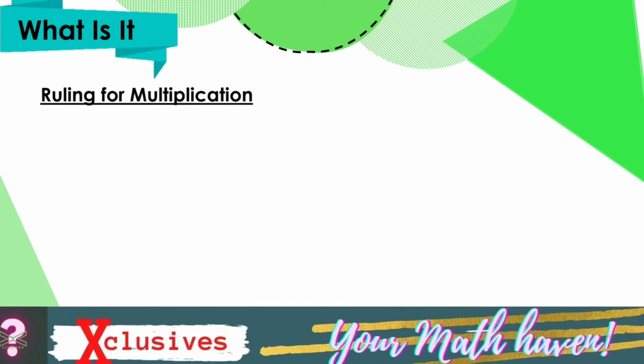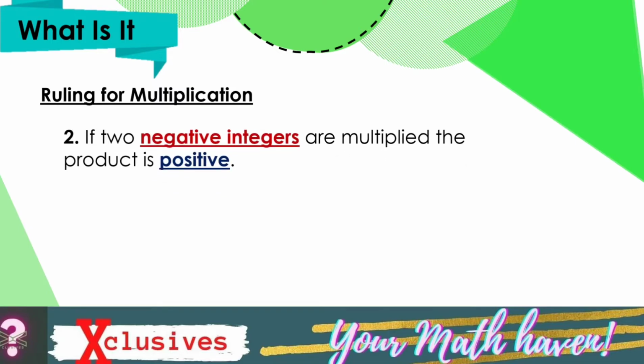Rule number 2 for multiplication of integers. If two negative integers are multiplied, the product is positive. Let's have an example. Negative 7 times negative 3 is positive 21.